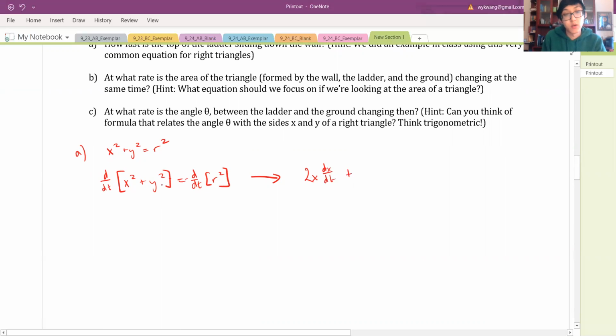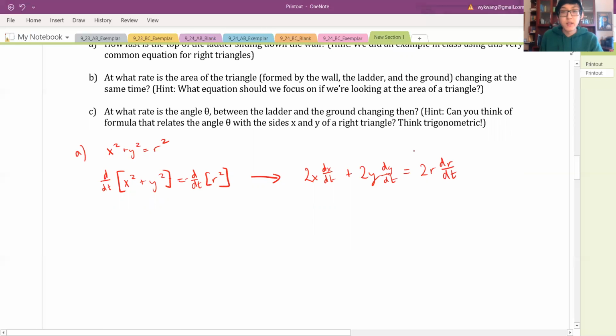Differentiating y squared, it's 2y multiplied by dy over dt, equal to the same pattern, 2r times dr over dt.